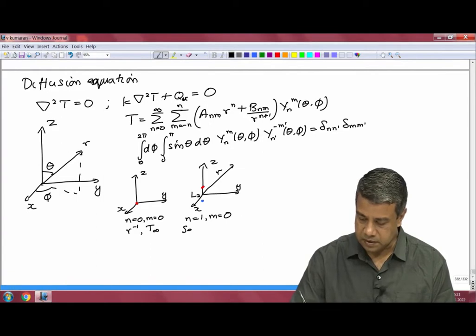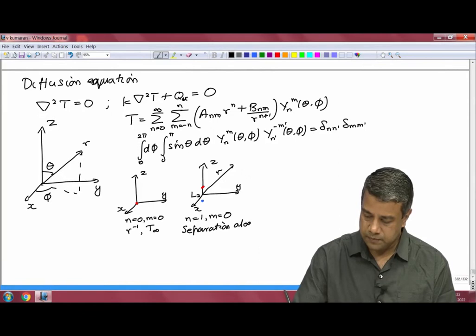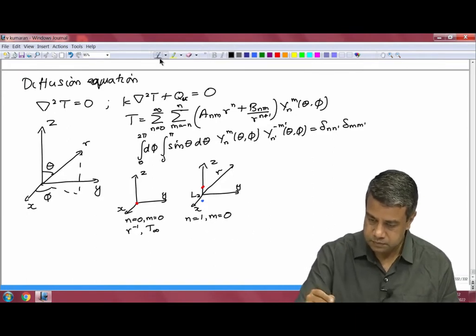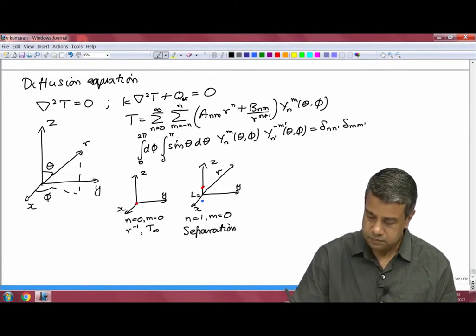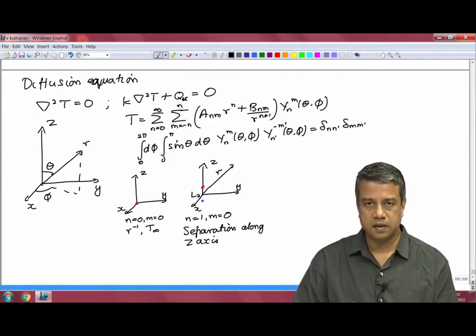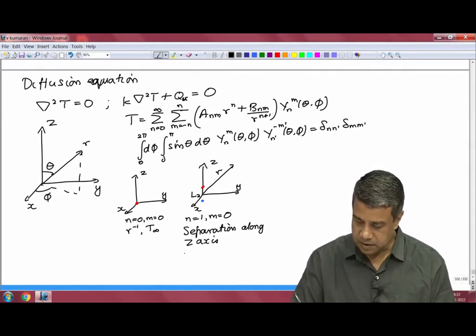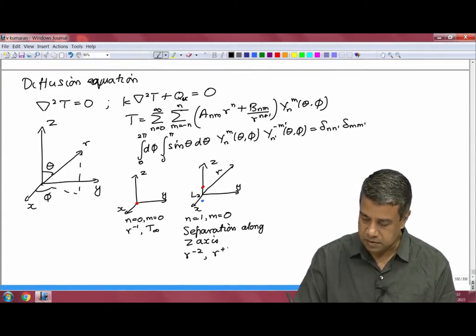This is for separation along the z axis, for n equal to 1 and m equal to 0. The decaying harmonic goes as r power minus 2, the growing harmonic goes as r power plus 1.